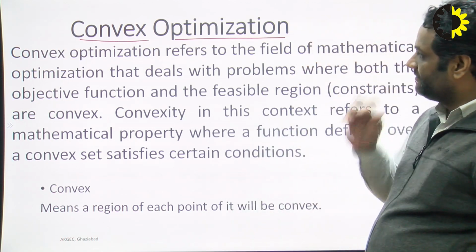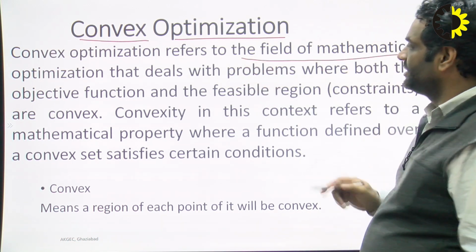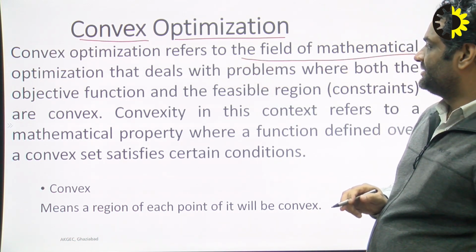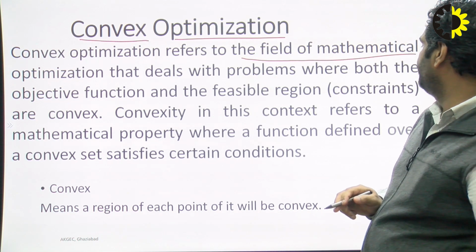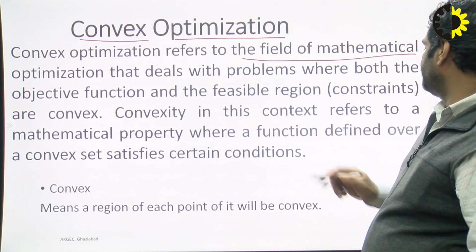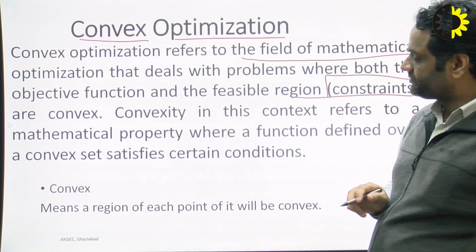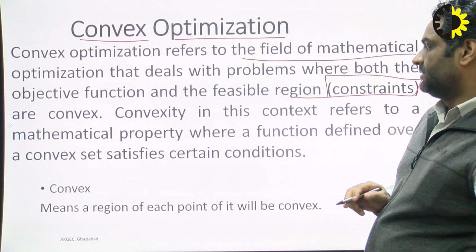As a definition, convex optimization refers to the field of mathematical optimization that deals with problems where both the objective function and the feasible region, also known as constraints, are convex.